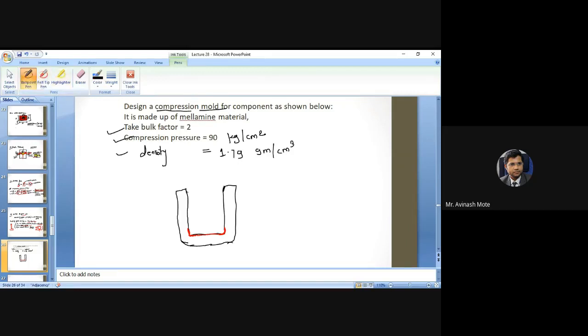This is a simple and easy product, right? For this kind of product we have to design the compression mold. I'll give the dimensions also.